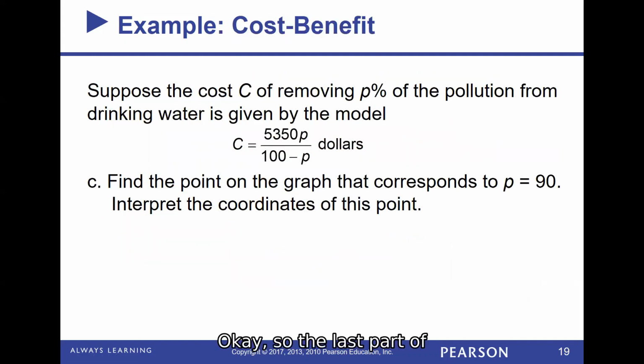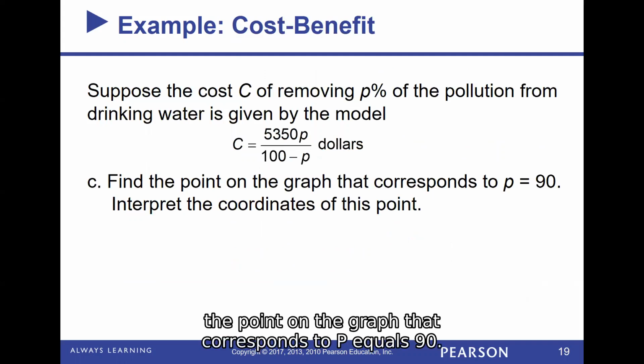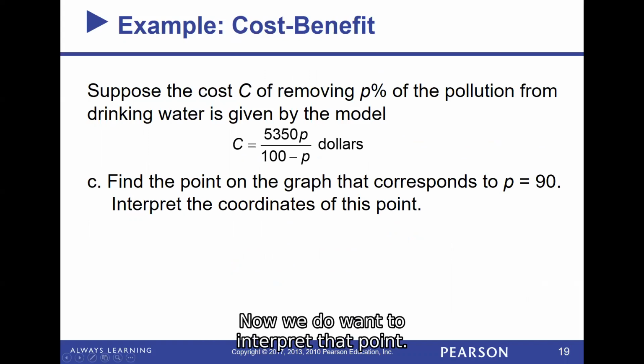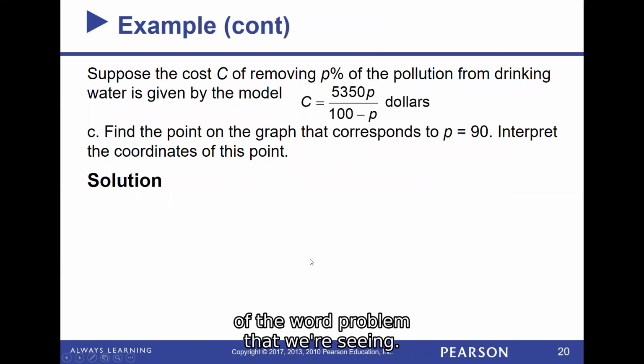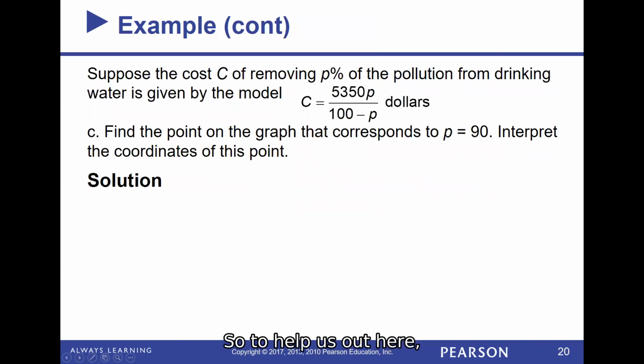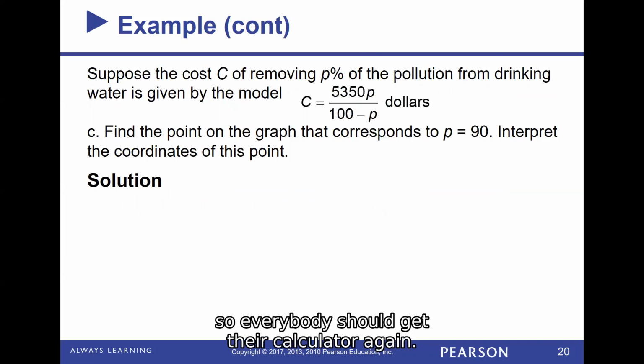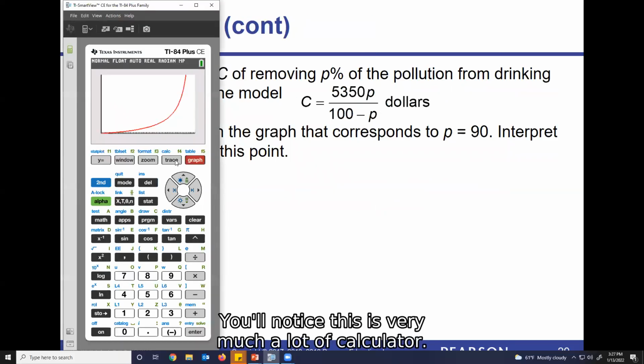Okay, so the last part of the question here in part C is find the point on the graph that corresponds to P equals 90. Now we do want to interpret that point, but we also want to interpret it in terms of the word problem that we're seeing. So to help us out here, everybody should get their calculator. Again, you'll notice this is very much a lot of calculator.